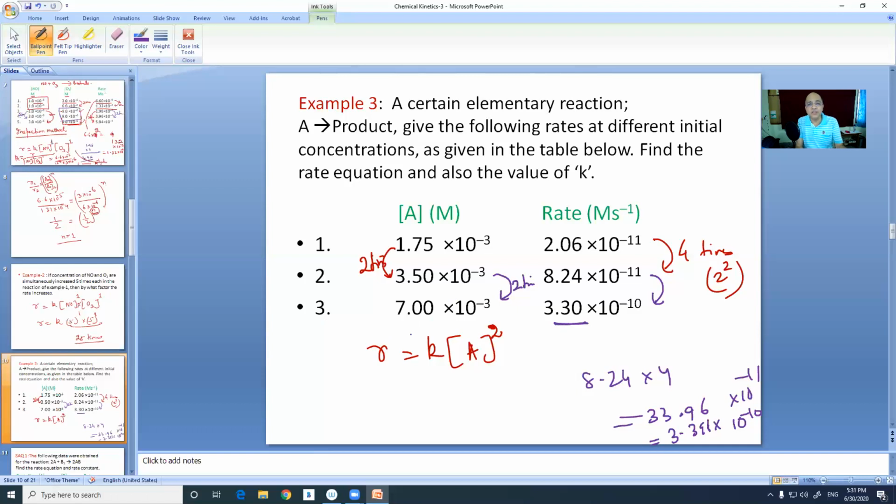Even in a long type question, because experimental error is there, it will be averaged out. If you find K from all the data, it will be more or less the same, but you take the average to get the most acceptable value of K. You understand? So K will be equal to rate by A square. You take any data. Supposing I will take this data, 7 into 10 to the minus 3. Sorry, rate. Rate is here. I am so sorry.